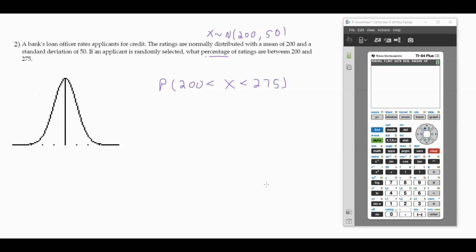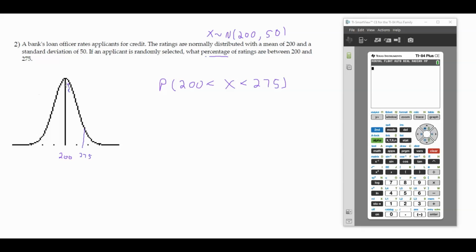Because the normal is a continuous distribution, I don't have to worry about that, because either way it's equivalent in a continuous distribution when you do the calculation. So in the middle here I have 200 and it wants to know what's the probability of being between 200 and 275.